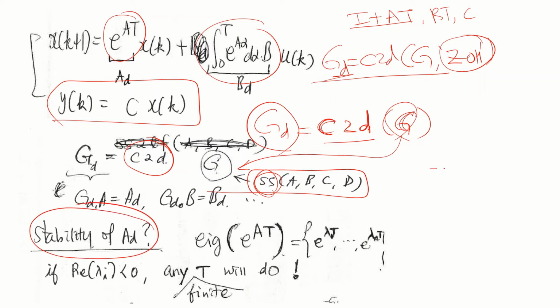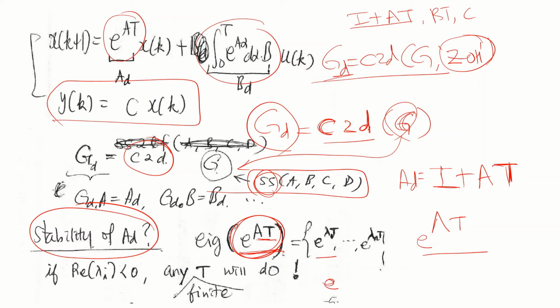How about the stability of AD? Last time we clearly saw that the stability of AD after Euler's first order approximation heavily depends on the sample time T. But this time we have to look at the eigenvalues of e^(AT). The eigenvalues of e^(AT) are e^(λT), so this is just a normal exponential function with the power of λ1T, λ2T, λ3T, up to λnT, and so on.